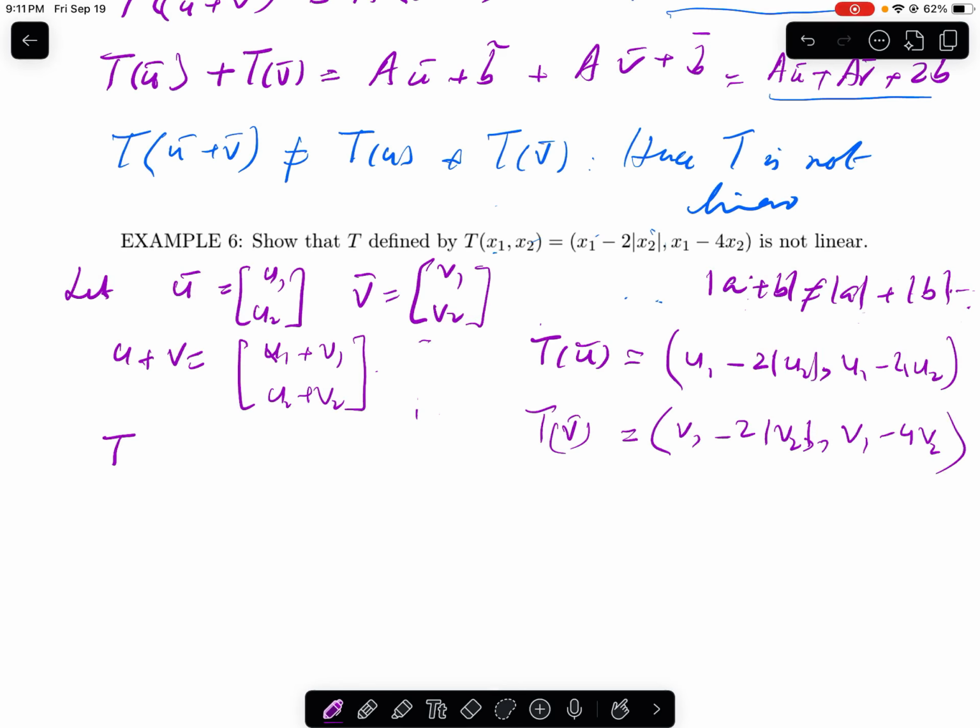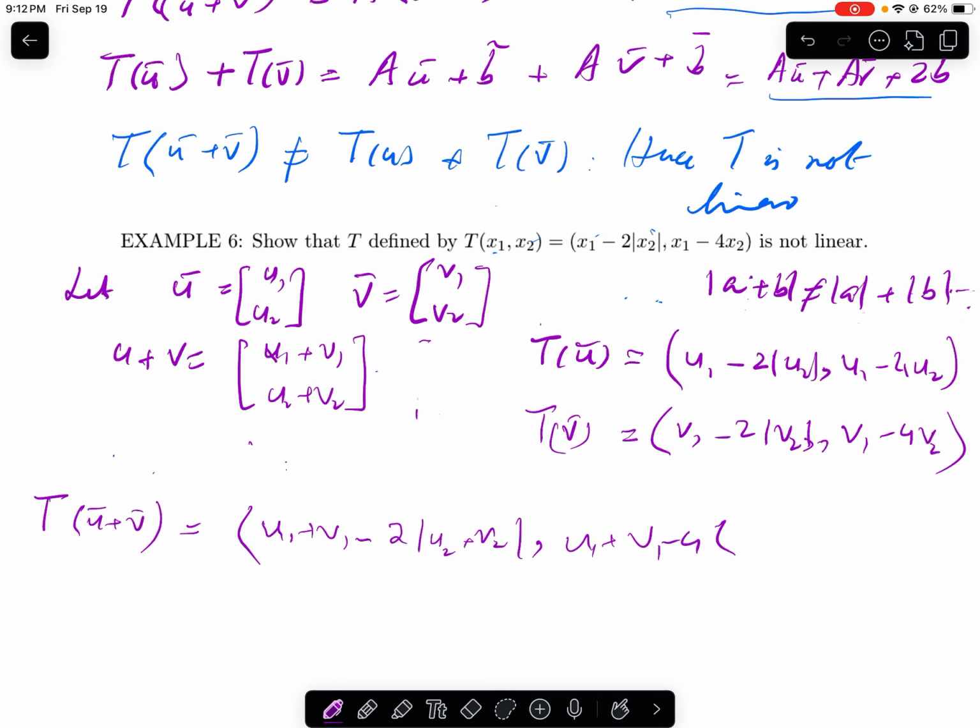And T of u plus v will be equal to, maybe I'll write it a little bit down here, u1 plus v1 minus 2 times the absolute value of u2 plus v2, comma, and the second coordinate will be u1 plus v1 minus 4 times (u2 plus v2).